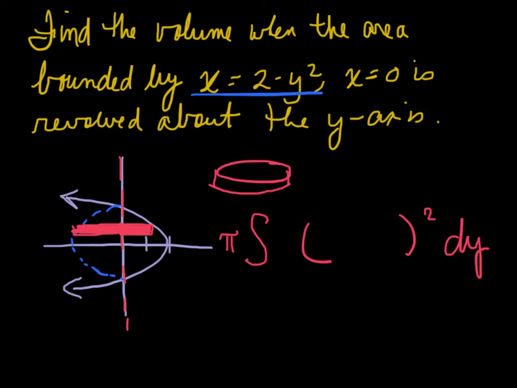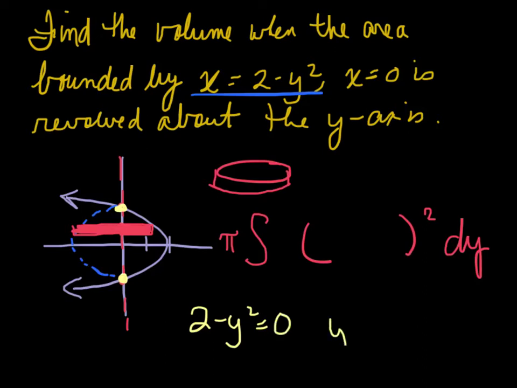Now I have a couple options for my limits of integration. If I look at the equation 2 minus y squared, since it's a dy problem, I need to know the 2 points where I touch the y-axis. So I'm looking for this point and this point, which is really the zeros to 2 minus y squared.